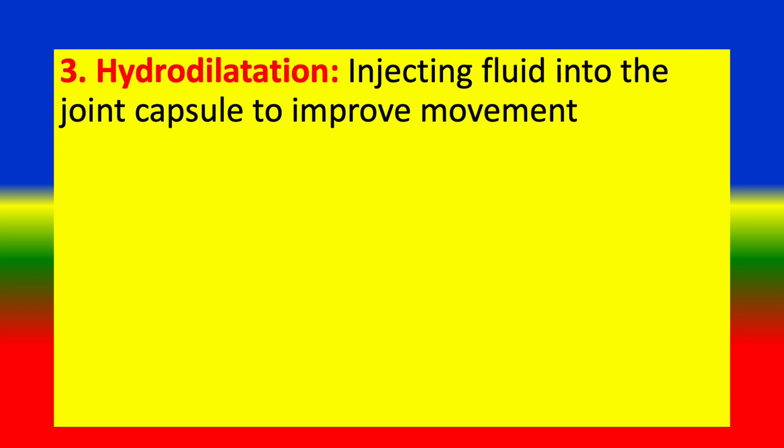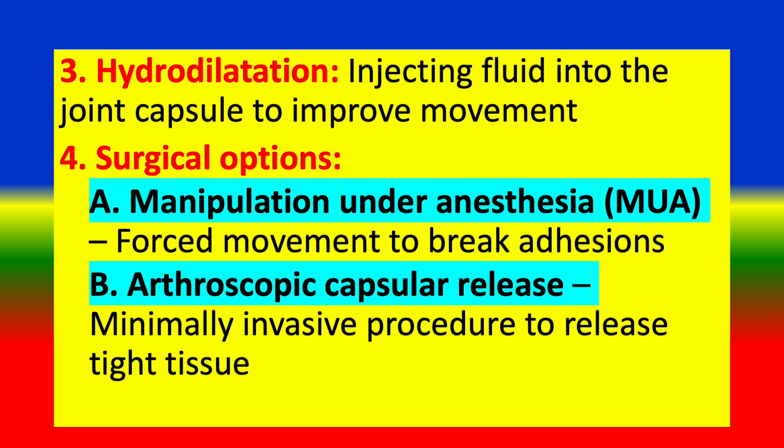Hydrodilatation, injecting fluid into the joint capsule to improve movement. 4. Surgical options. A. Manipulation under anesthesia, forced movement to break adhesions. B. Arthroscopic capsular release, a minimally invasive procedure to release tight tissue.